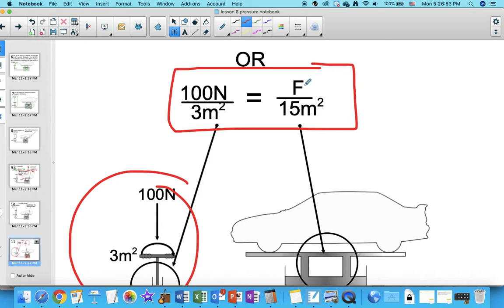Now we are only missing one thing. This looks familiar to our other units in math, proportional reasoning. So we can take 100 times 15 divided by 3, and that'll give us our F. The fish trick comes back again.